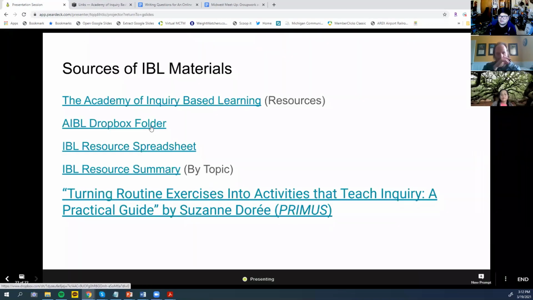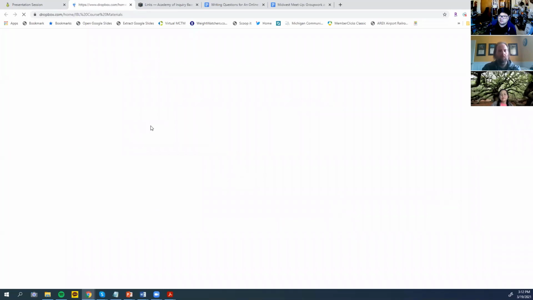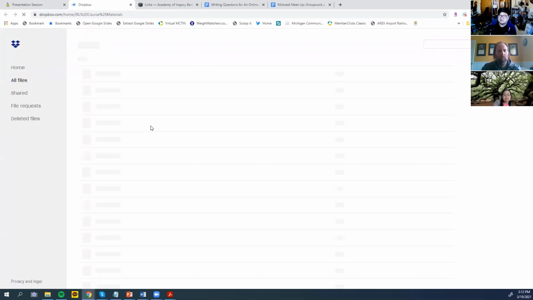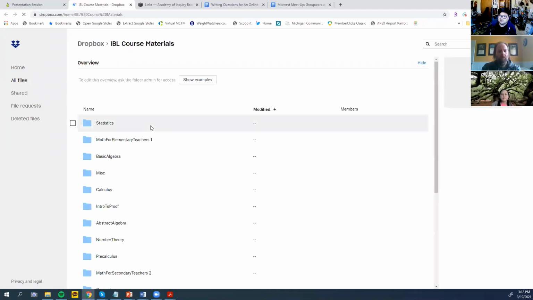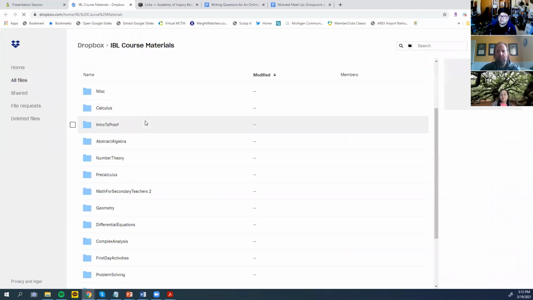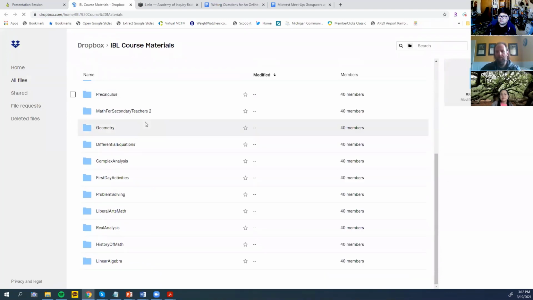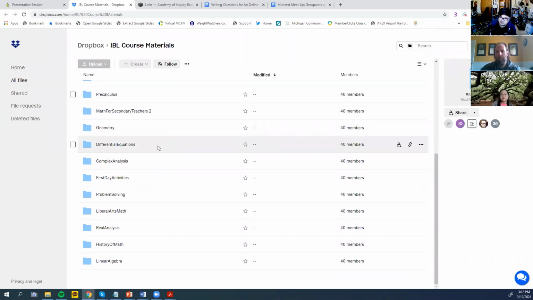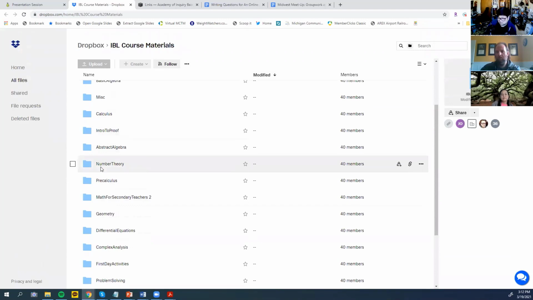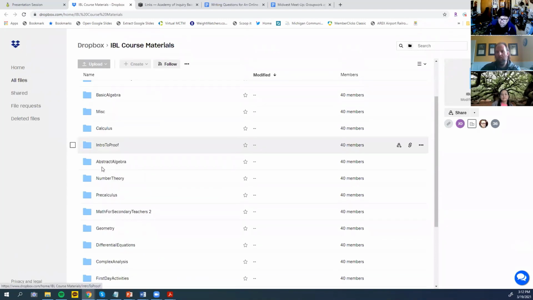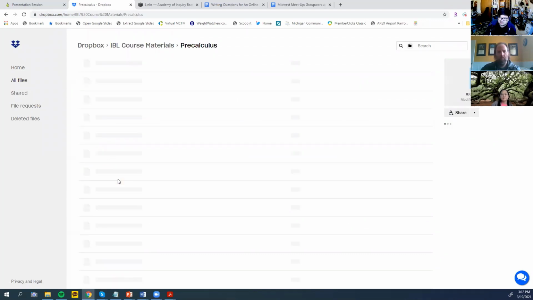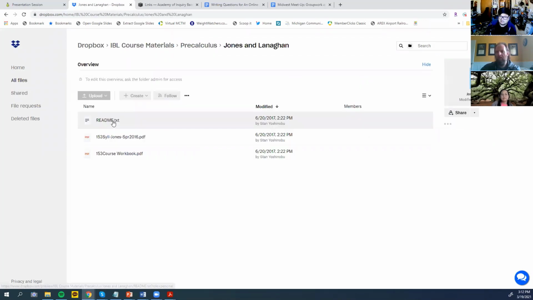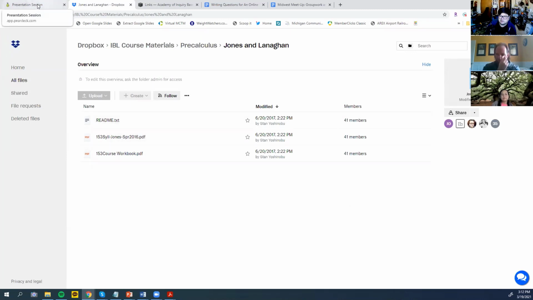Then there's the AIBL Dropbox folder, which is from the Michigan AIBL. Pre-calculus would probably have the material that we're looking for somewhere in here.